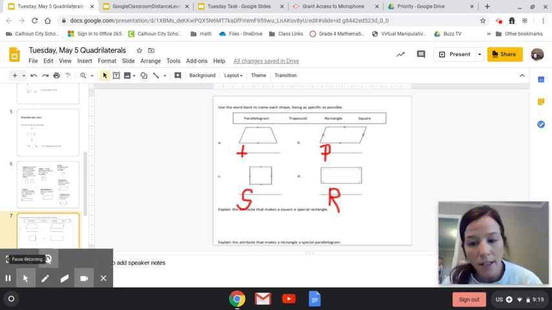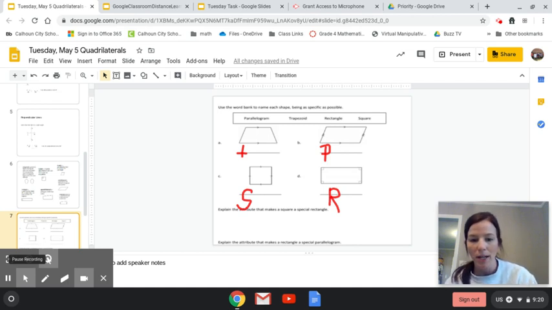Okay, so a square is a special rectangle because each of its sides are the same length. Did y'all know that? Instead of just opposite sides being the same length, like in a rectangle. So a square, like a rectangle, has 4 right angles. So that's the explanation for that.